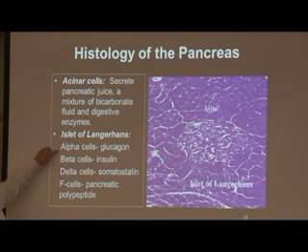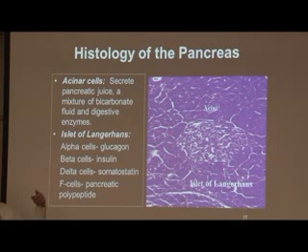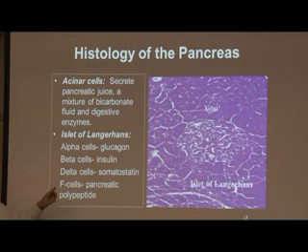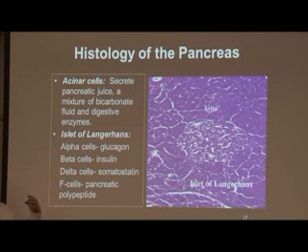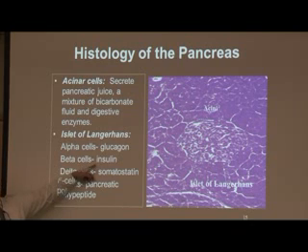So the way it works is alpha cells produce glucagon. That is a hormone that elevates blood sugar. Beta cells produce insulin, and that is a hormone that decreases blood sugar. So if you eat a meal rich in sugars, then what the normal physiology would be is as the sugars enter the small intestine and begin to be absorbed by the blood, beta cells would increase their production of insulin.